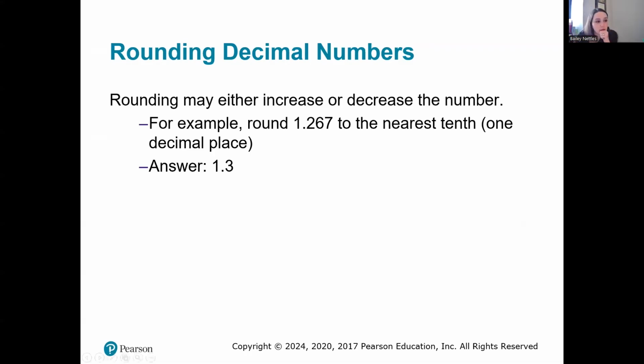So it's a 2, and the one behind it is a 6. If the one behind the spot that you want is 5 and over, you round up. If it's 4 and down, you let it stand. You don't touch it. So when I round to the tenths, this is the spot I want, but the 6 is over 5, so I round up. So the answer is 1.3.